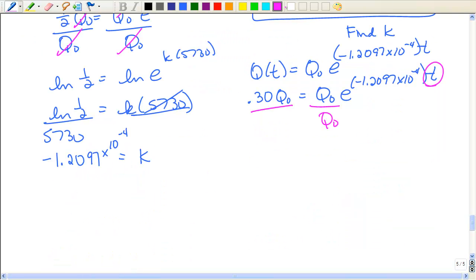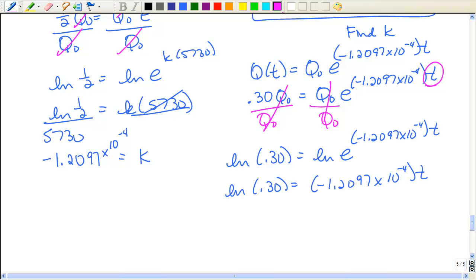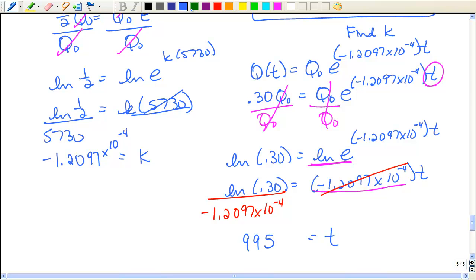So again, dividing both sides, that's going to cancel, taking the natural log of both sides. Keep in mind that natural log and e undo one another, and now I'm going to divide both sides by that quantity. And when I punch that very carefully into my calculator, I get t to be 9,953 years. I've rounded to the nearest year.